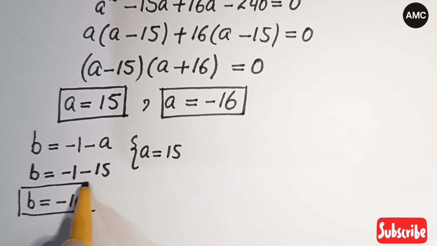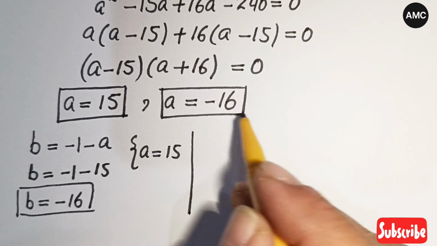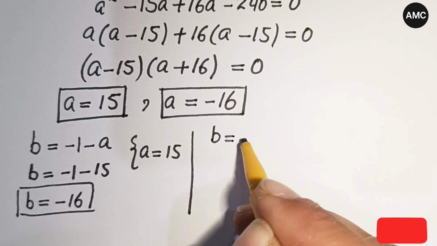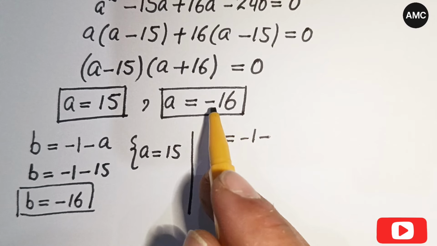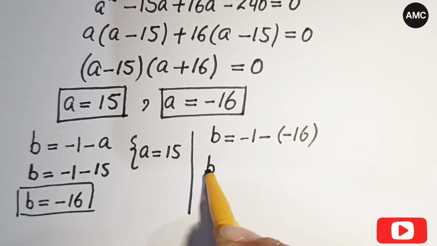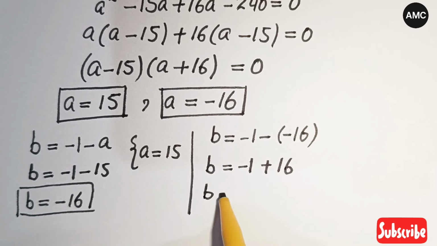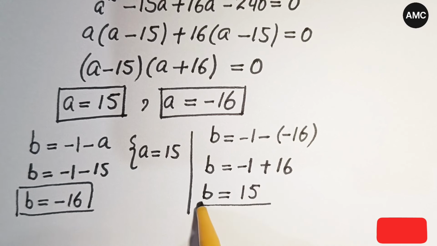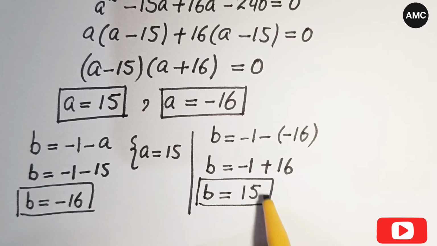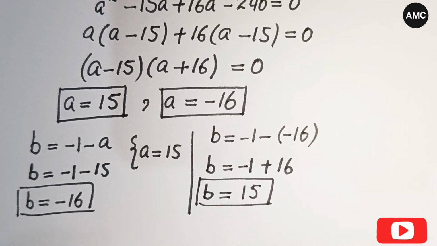So when a is equal to 15, then b will be minus 16. Similarly, here we have b is equal to minus 1 minus a, where a is minus 16. So b is equal to minus 1 plus 16, that is b is equal to 15. So when a is equal to minus 16, then the value of b is 15.